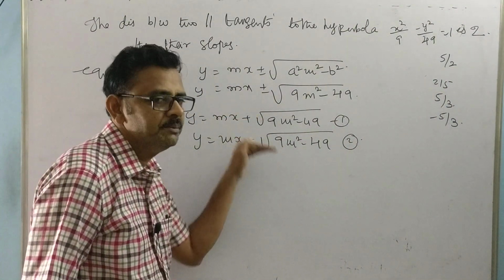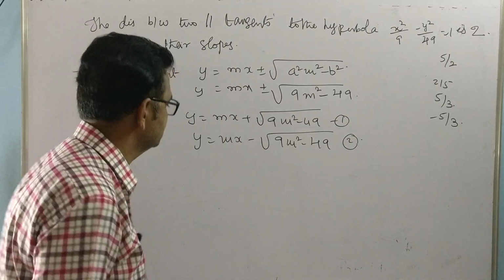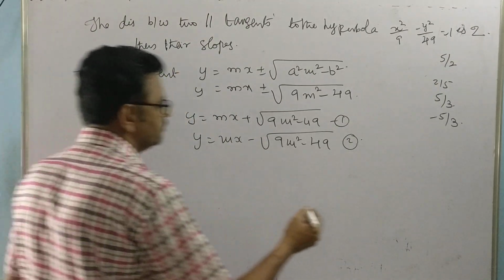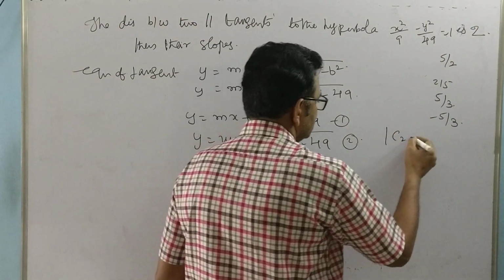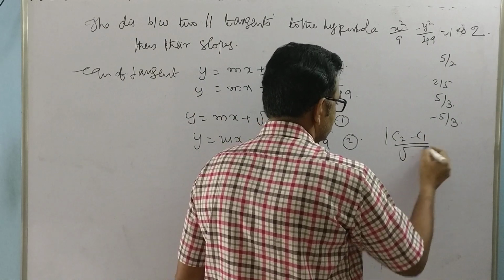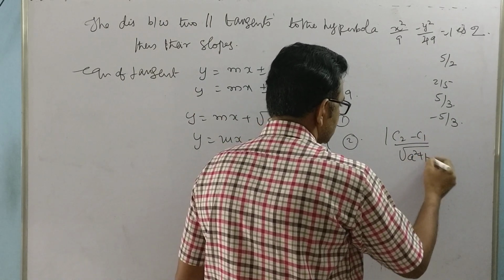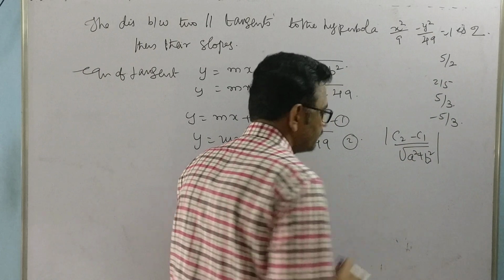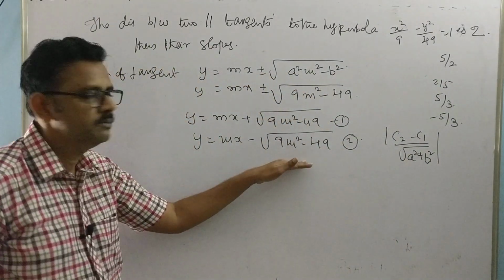Now the distance between the parallel lines is the mod of c2 minus c1 by root of a square plus b square. This is the formula for the distance between parallel lines.